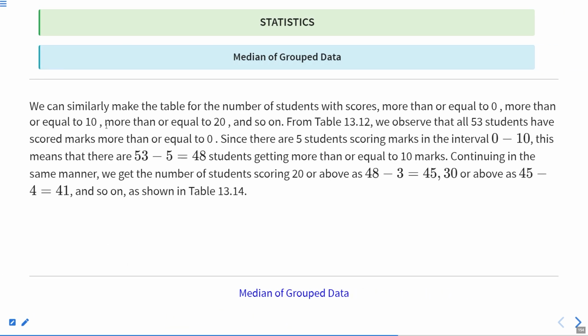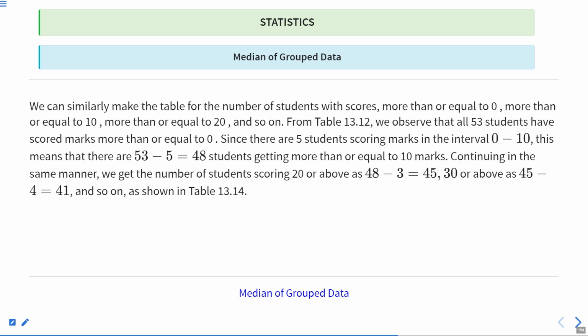We can similarly make the table for the number of students with scores more than or equal to 0, more than or equal to 10, more than or equal to 20, and so on. From table 13.12, we observe that all 53 students have scored marks more than or equal to 0.